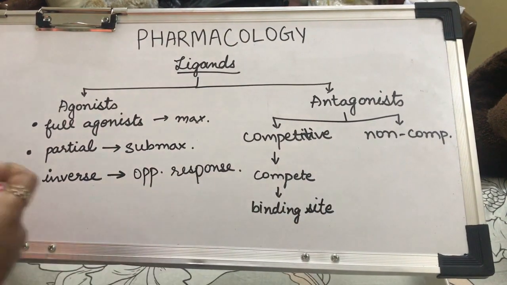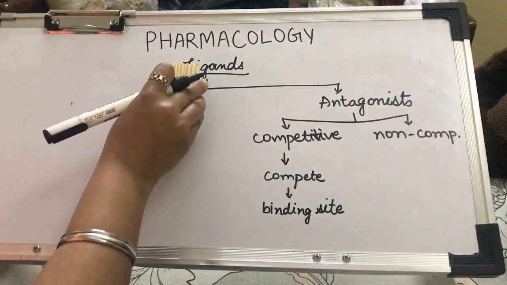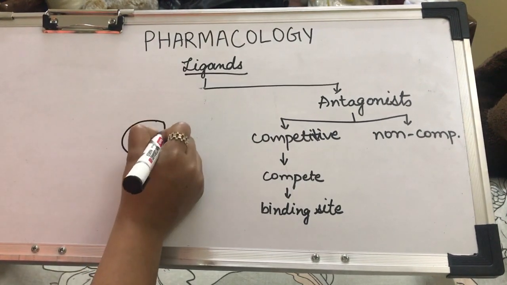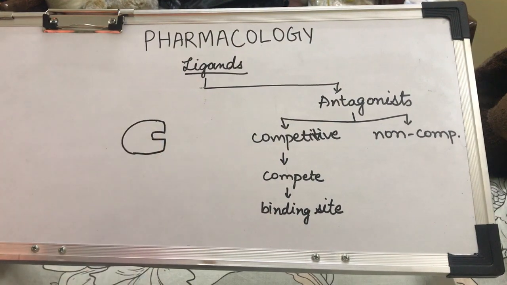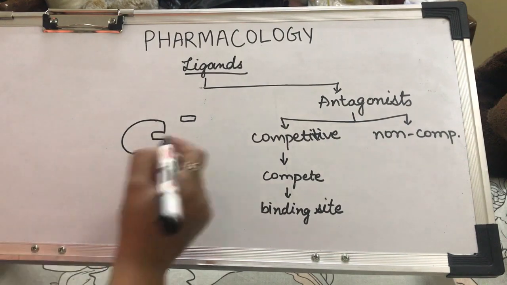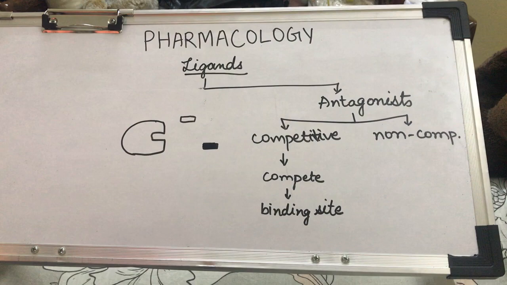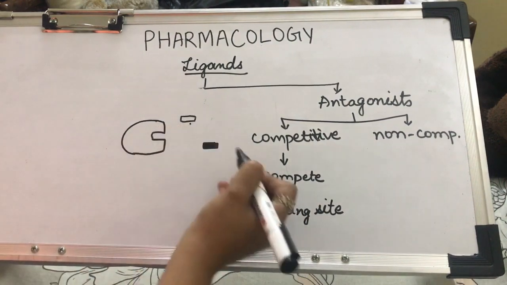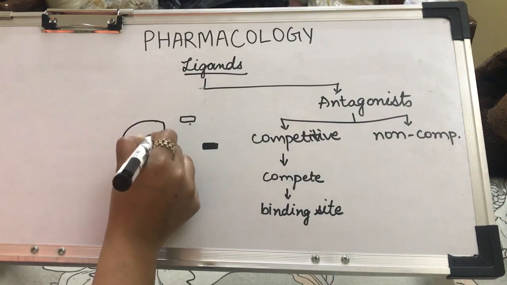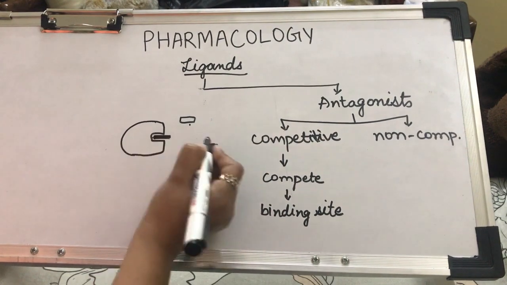For example, this is the receptor, this is the substrate, and this is your antagonist. These two are going to compete, and whichever takes this place first is going to give the response.